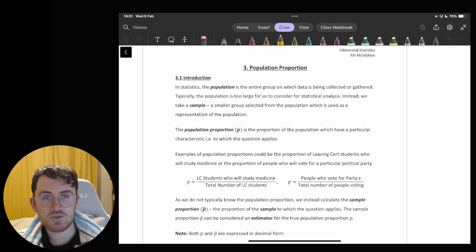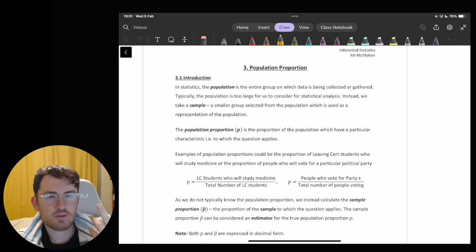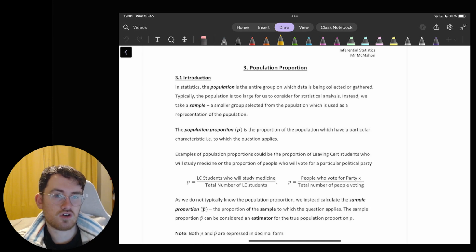And we'll look at examples of both, and even on the simplest level, how we would tell the difference between the two. But we know with statistics that the population refers to the entire possible group that's being examined. So if I'm asking the whole country, that's a census, for example. But if I was doing research on Leaving Cert students, then the population would be every single Leaving Cert student in the country.